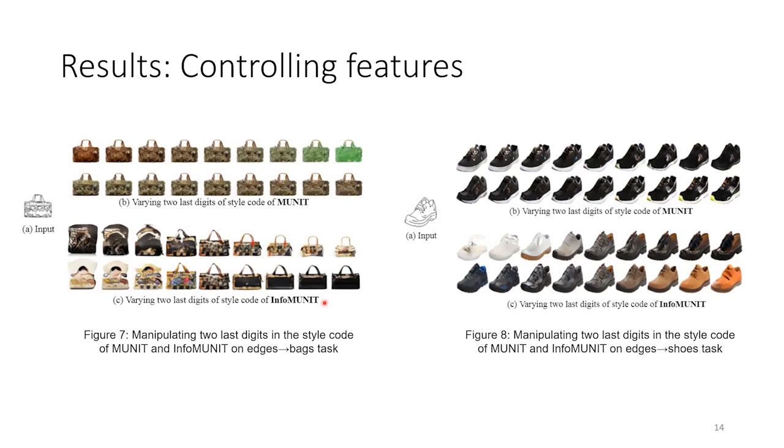For example, the size of the bag or the color of the bag going from light to dark. On the right, we can observe the same thing. The changes created by MUNIT are very small, but in InfoMUNIT, we can manipulate the features in a very significant way, like the color and the style of the shoes.